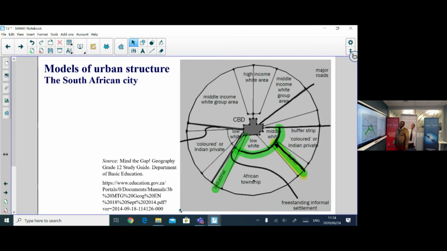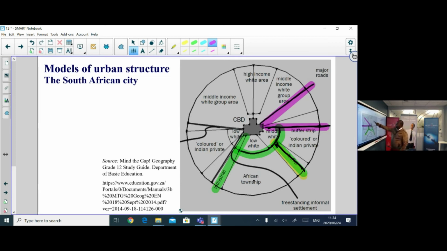And these lines are actually showing those boundaries, the buffer zones. So this is also a buffer zone. So this area is a buffer zone between the colored and the middle income white group area on the other side.